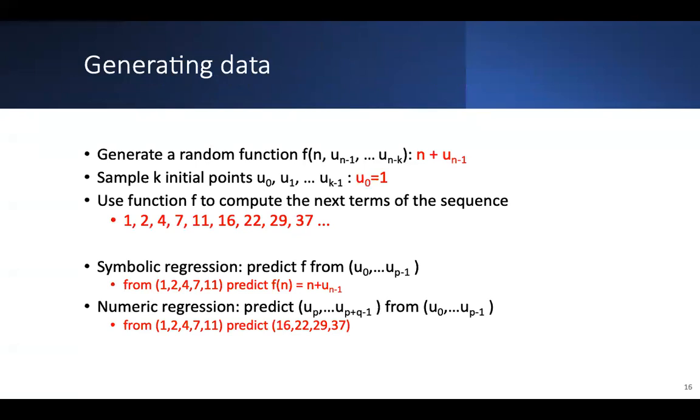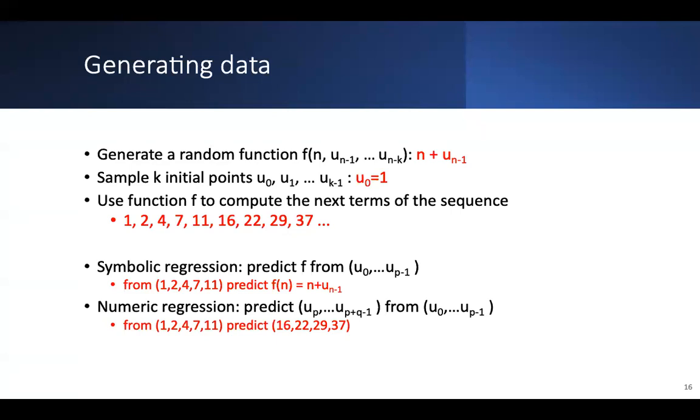So you need to generate data. You see, obviously, we have to go the backward way. There's no solver for this. So we're going to generate a random function of n and of the previous term, so a recurrence. So here I would generate the function u_n = n + u_{n-1}.